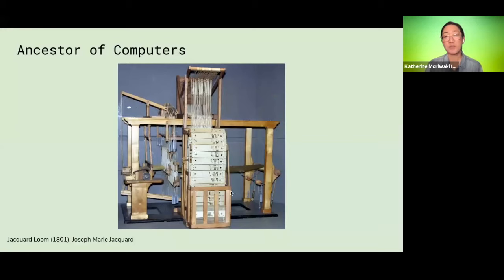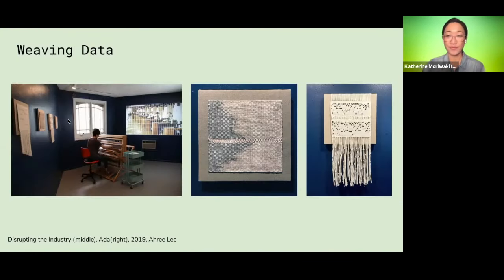And so it's this punch card system, the fact that instructions could be encoded onto pieces of paper, run through the machine, and then executed by the machine, that inspired the likes of Charles Babbage, in terms of the possibilities of computing. And there are many different artists, designers, technologists, programmers who are really fascinated by this relationship between weaving, textile, as well as programming.